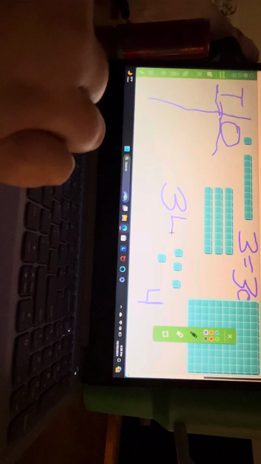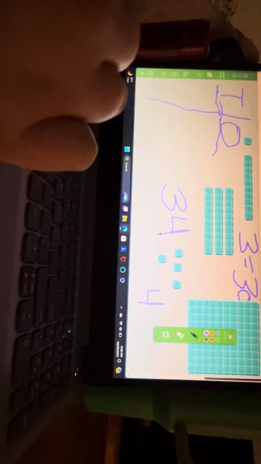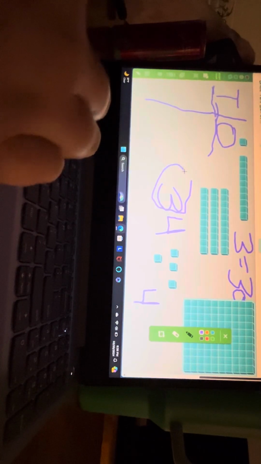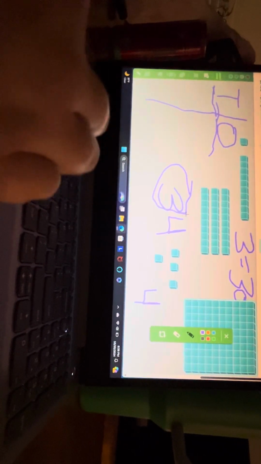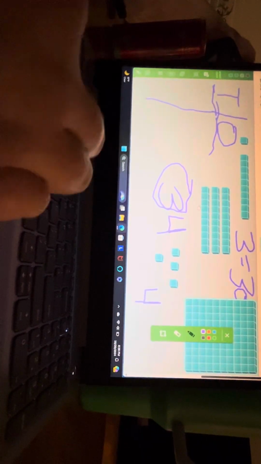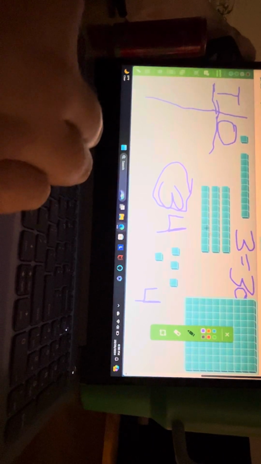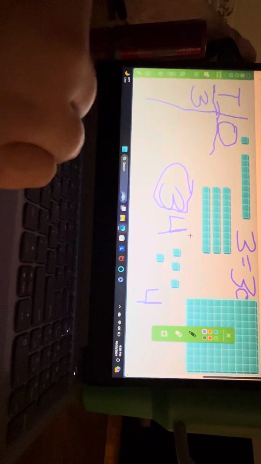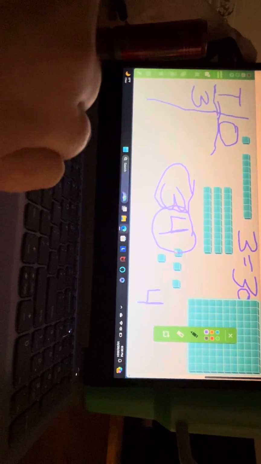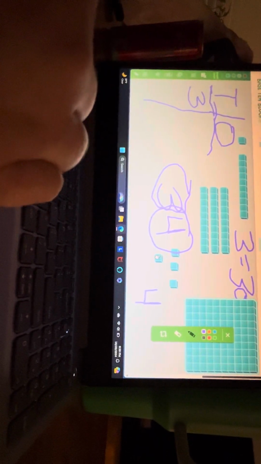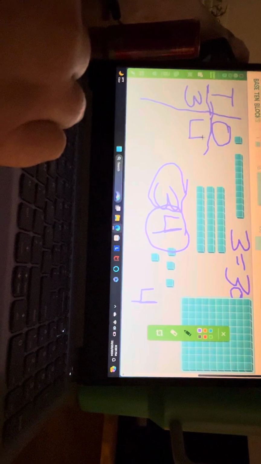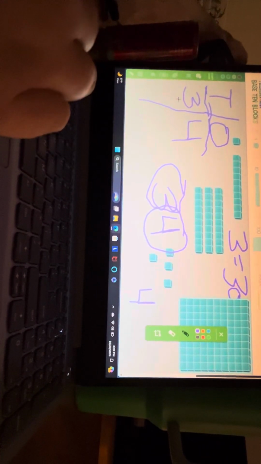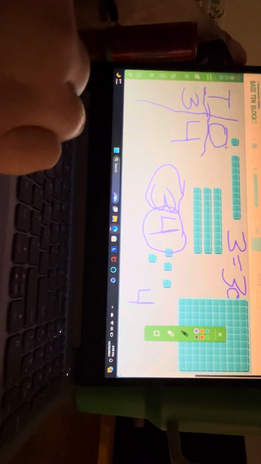So how we're going to write that is the 3 is our 10 spot, because that is where we counted out our 10s, right? So it's going to be 3 in the 10 spot, and 4 is in our 1 spot because we had 4 1s. So we had 34 altogether, 3 10s, 4 1s.